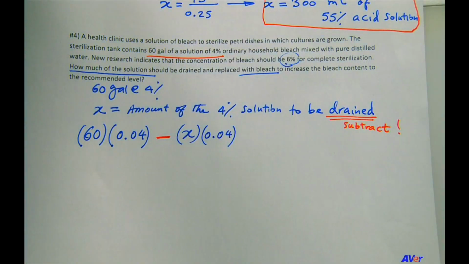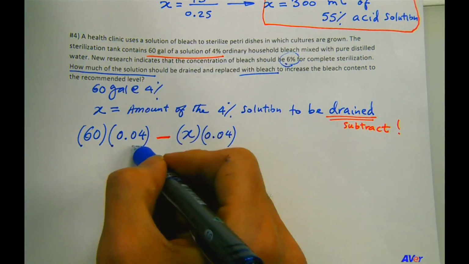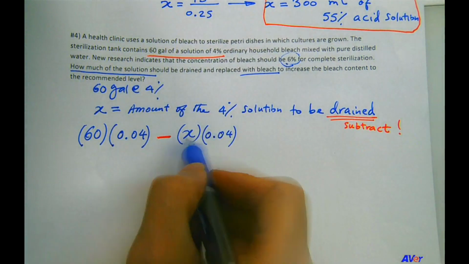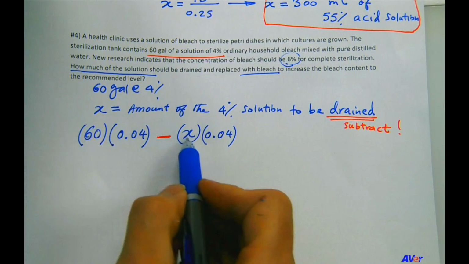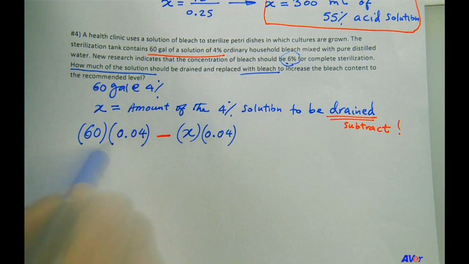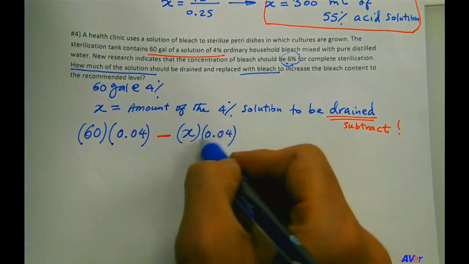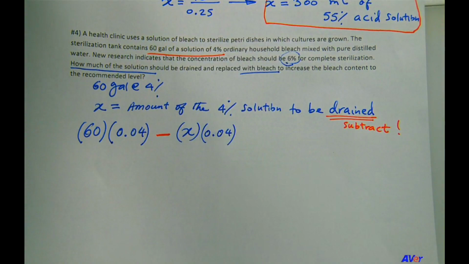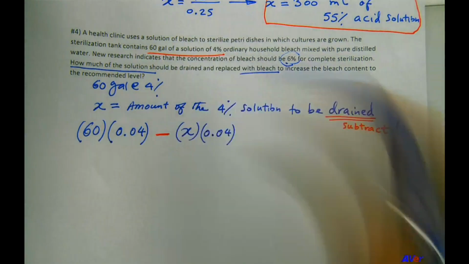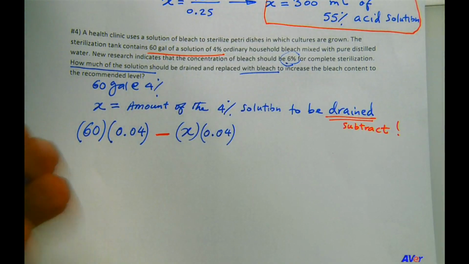Okay, we start with this much, we drain some of it, we don't know how much it is, that's why we assign a variable to it, and that's the 4% solution that we're draining, right? It's 4% bleach, the rest is pure distilled water. Then it's replaced.